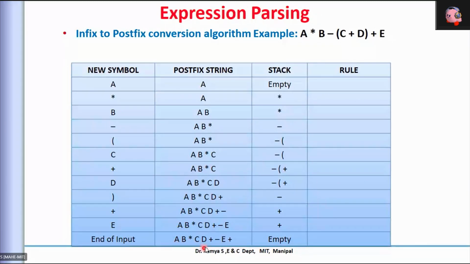Whatever is there is first subtracted from this, then it is added with the E. Is it clear? That is what happens when the bracket and parentheses come. Hope it is clear for you. If you have doubts, you can ask me. Is it fine, students?